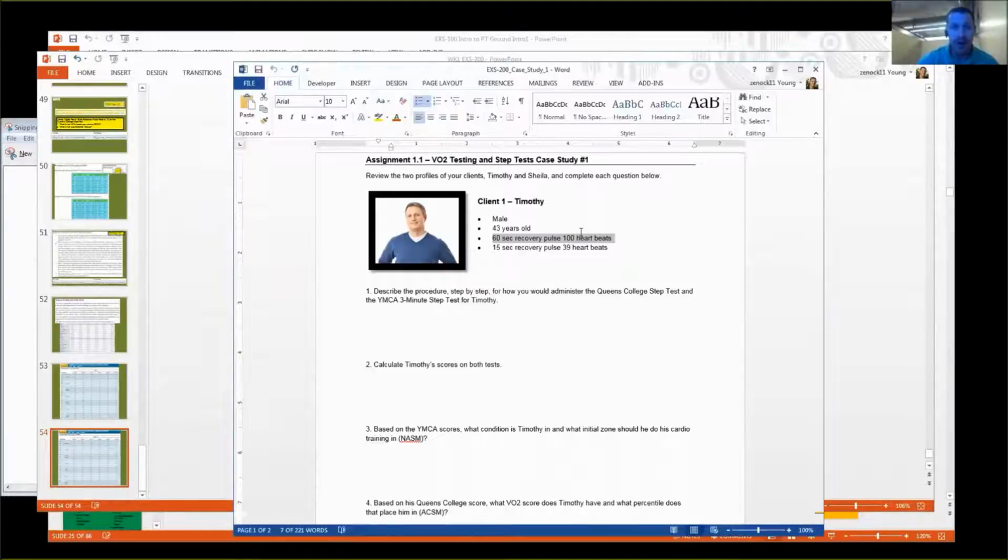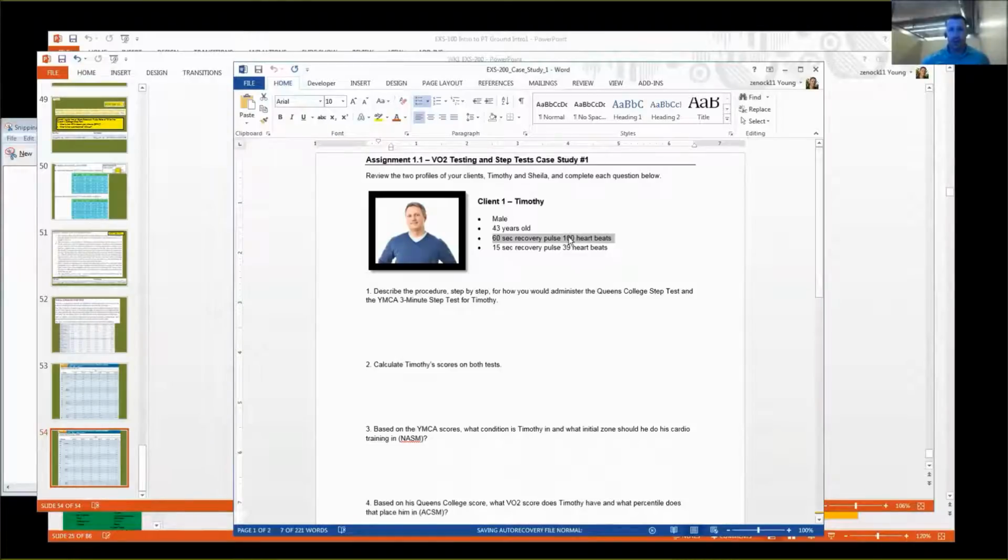So they purposely make all the tests slightly different or use different tests just because they want to be unique from the other two. Okay, so they're doing the YMCA step test, whereas ACSM in their textbook recommend the Queen's College, right? But actually, if you go to the ACSM's exercise testing and prescription manual, all of the tests are in there. But anyway, your NASM YMCA, Timothy scored a 60-second recovery pulse.